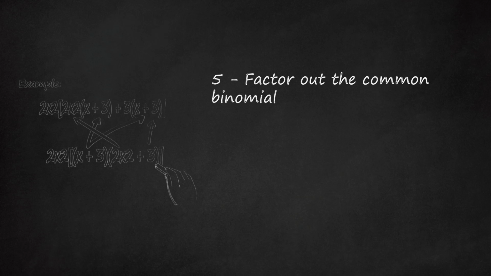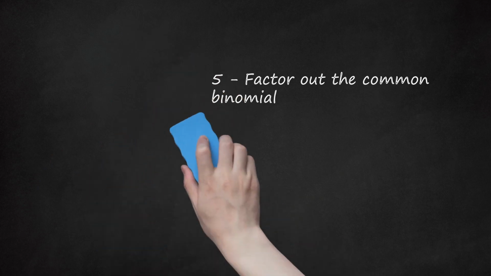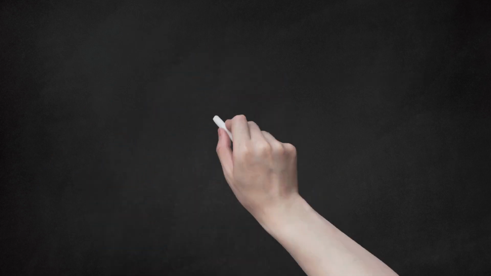The parentheses must match. If they do not match no matter what you try, the problem cannot be factored by grouping or by any other method. Example: 2x[2x^2(x + 3) + 3(x + 3)] equals 2x(x + 3)(2x^2 + 3). 6.